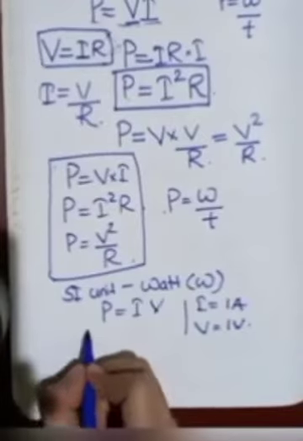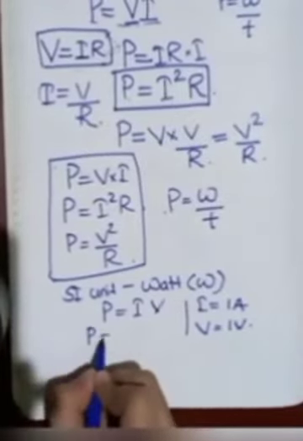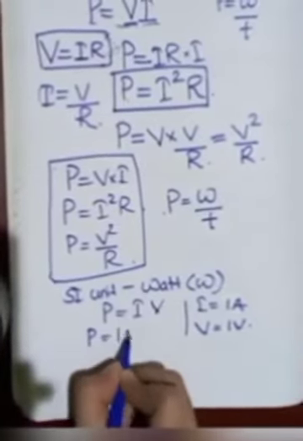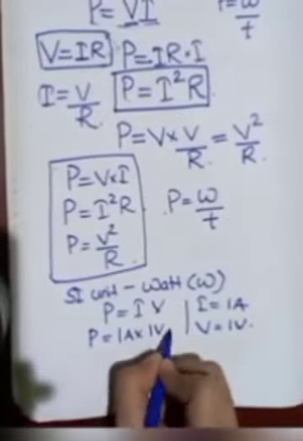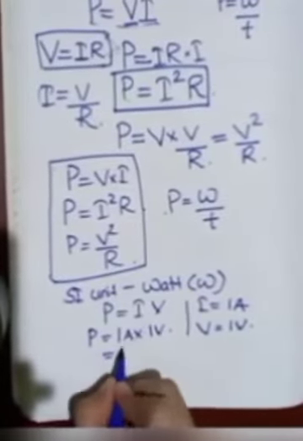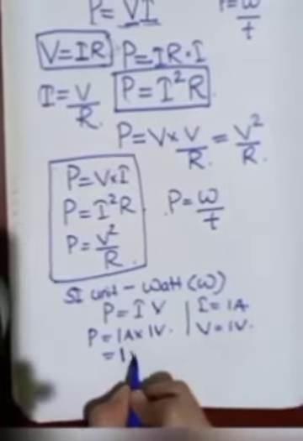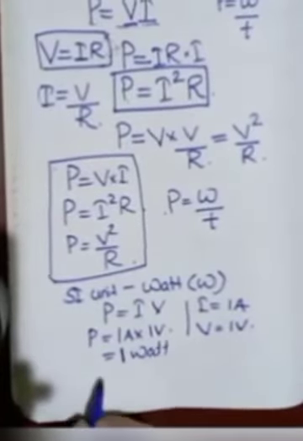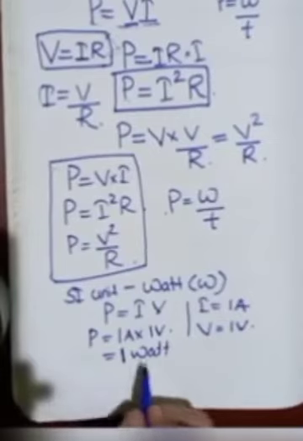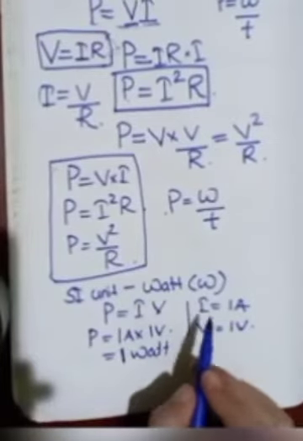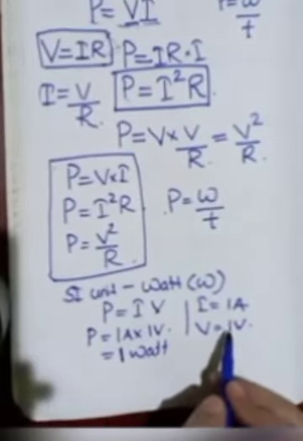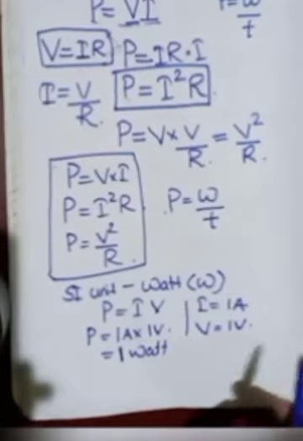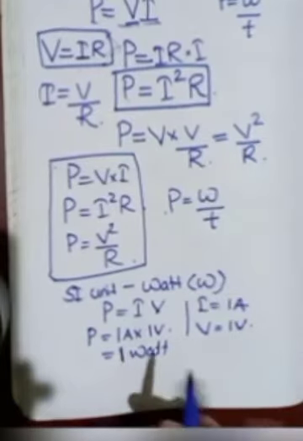Then what will be the power? That is P is equal to 1 ampere into 1 volt, that is 1 into 1, that is 1 watt. That is, for 1 ampere current and for 1 volt potential difference, we will get the power as 1 watt.